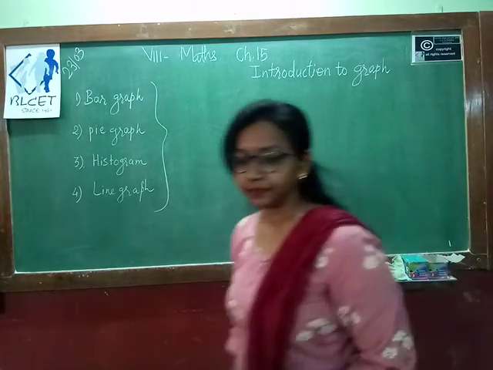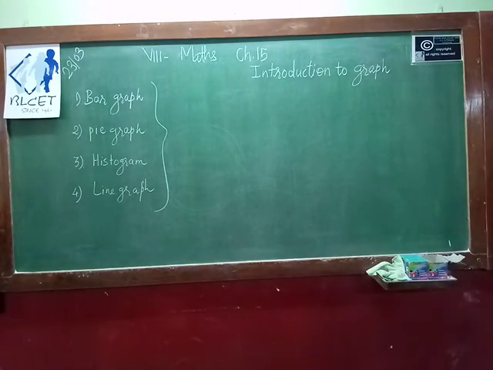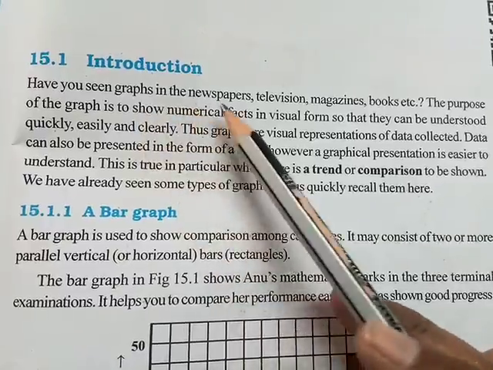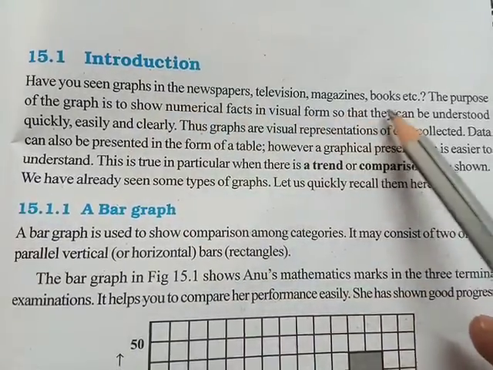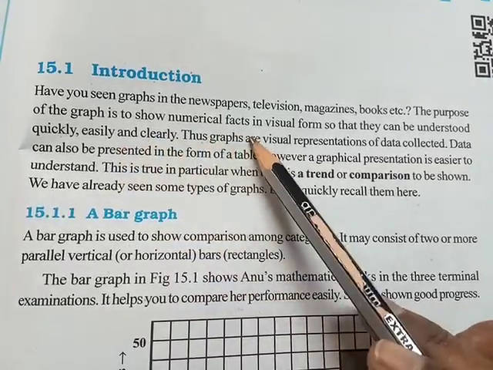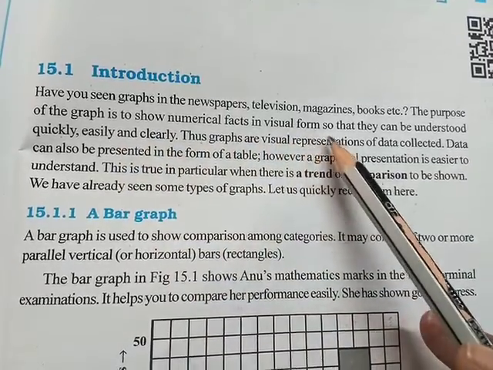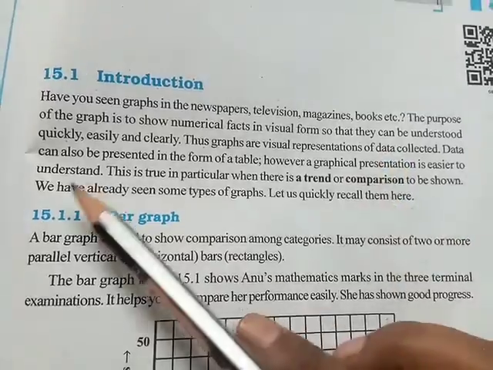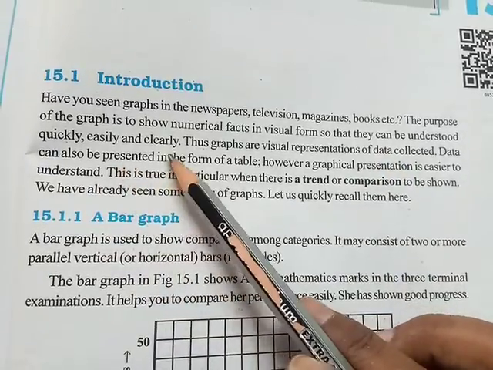So let's see. With the help of a few graphs we discuss each one. Now let's see the introduction part. Have you seen graphs in newspapers, television, magazines, books, etc.? The purpose of a graph is to show numerical facts in visual form so that they can be understood quickly, easily and clearly.